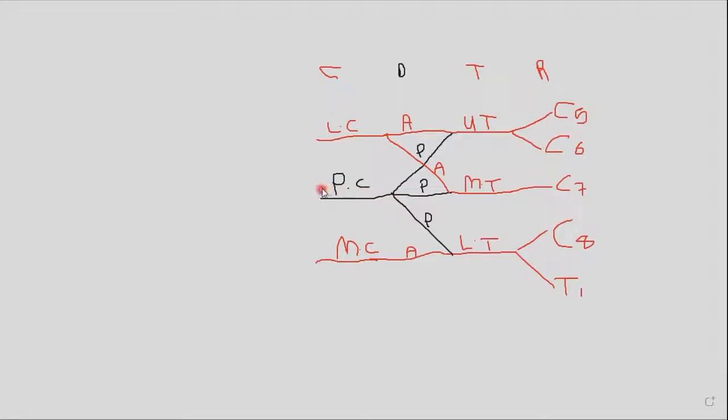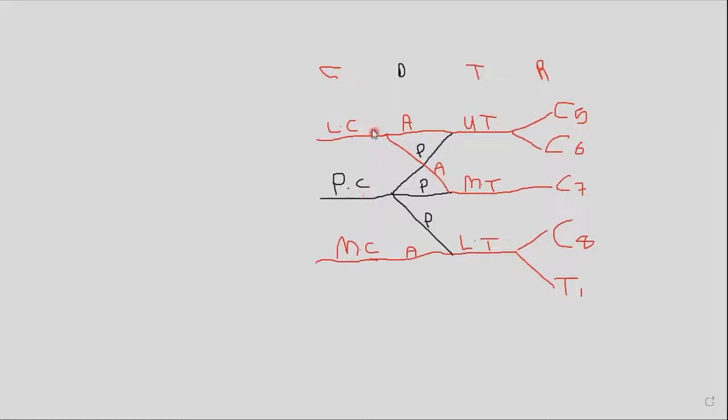The posterior cord will be posterior to the axillary artery. It was named the posterior cord because it is posterior to the axillary artery. Then the medial cord is medial to the axillary artery.